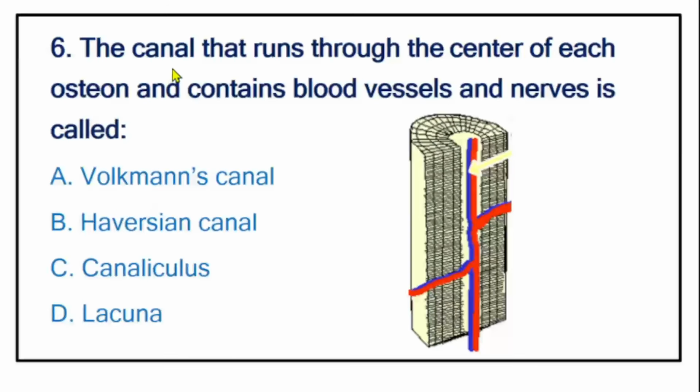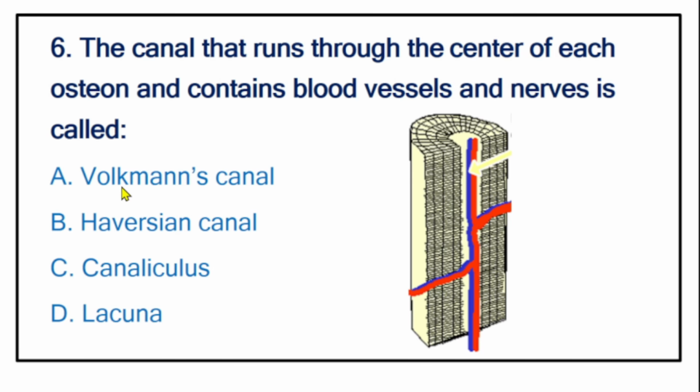Sixth question. The canal that runs through the center of each osteon and contains blood vessels and nerves is called. One osteon looks like a cylindrical structure, and in the middle of this cylindrical structure there will be a canal. Through the canal the blood vessels and nerves are running.